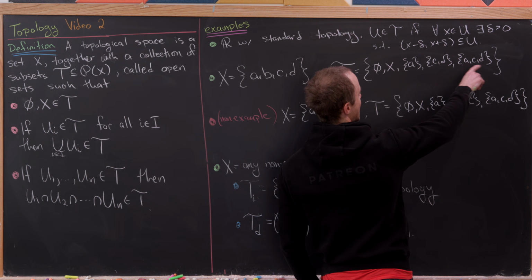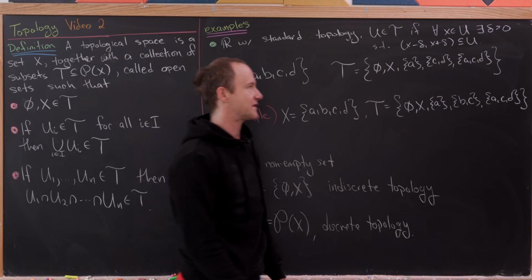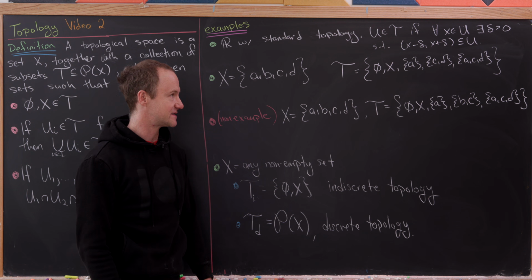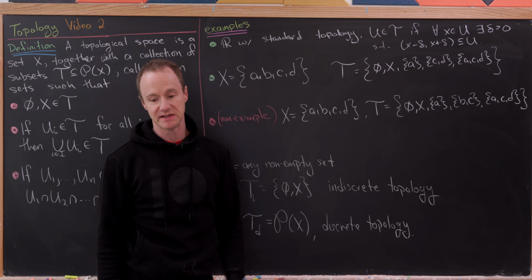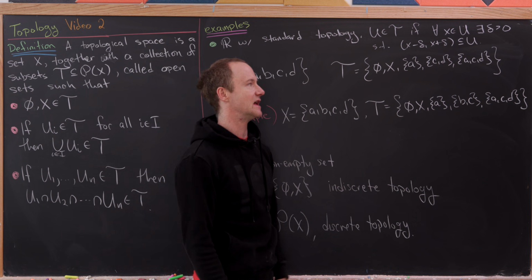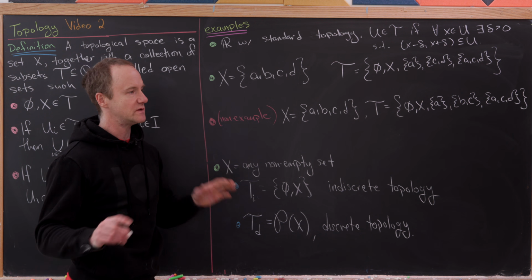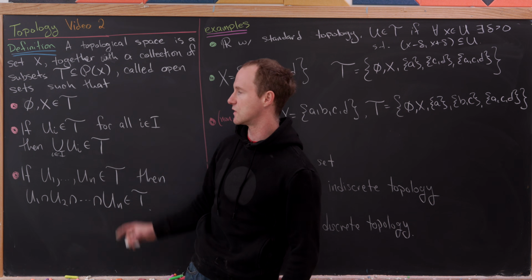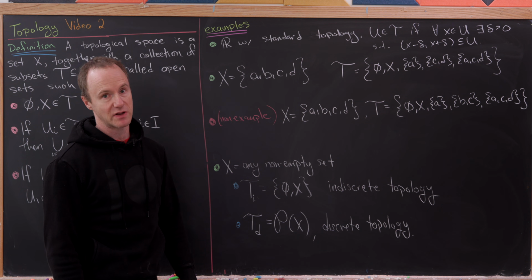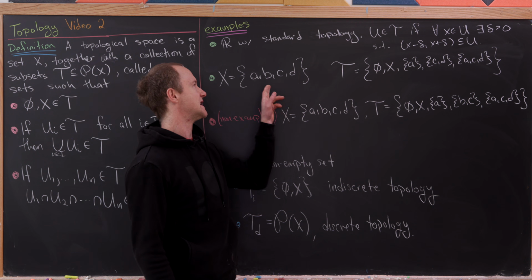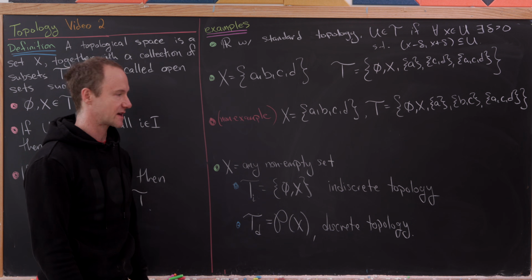So if we take ACD intersected with A, we get the singleton A, and so we're within the set. If we take the doubleton CD and we intersect it with the empty set, we get the empty set, which is again in this collection. So needless to say, all of these conditions over here are satisfied, meaning this forms a topological space. In other words, this T is a topology on X.